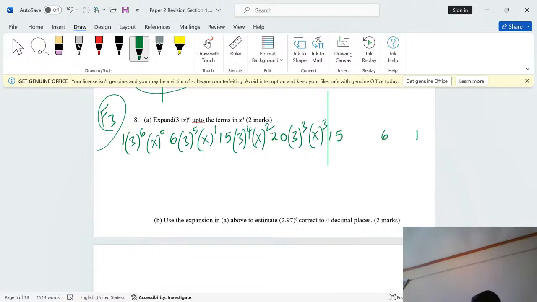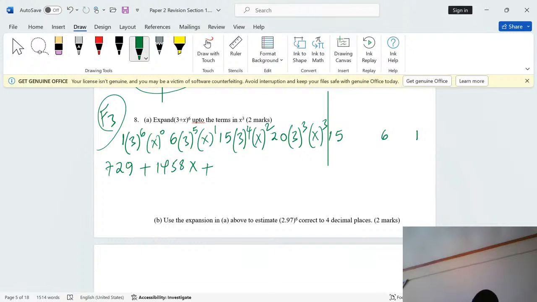We can have those terms now. When we raise 3 to power 6, we get 729. Then x power 0 is 1. So 729. Then plus, in the next term, 3 will be raised to power 5. This gives us 243. x power 1 becomes x, then times 6. And this gives us 1458 times x, plus 3 power 4.